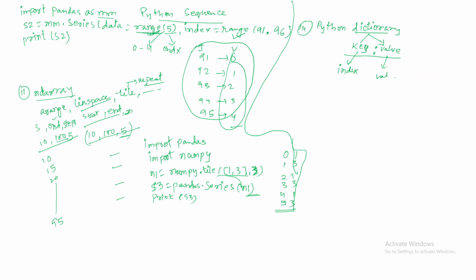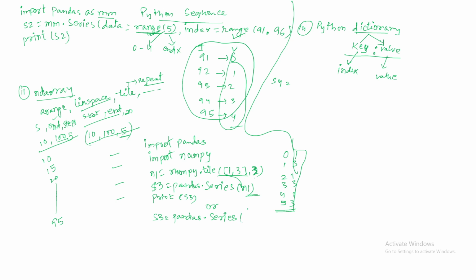So how will you write this program? First, same, import pandas as pd, and this is a Python dictionary. So we will not use numpy, no need to create numpy here. So import pandas as pd, otherwise import pandas. Then afterwards I will write s4 equal to directly. Listen, here I have created n1 separately. If you want to write it directly also, you can write s3 equal to pandas dot series.